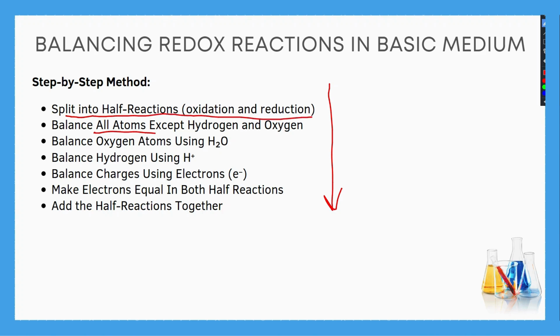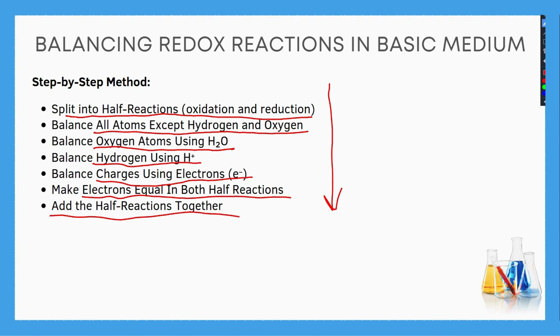You balance all atoms except hydrogen and oxygen. Then you balance oxygen atoms using water, H2O molecules. Then you balance hydrogen using H plus ions. Then you balance charges using electrons, and you make the electrons equal in both half reactions. When you do all of that, you add the half reactions together.